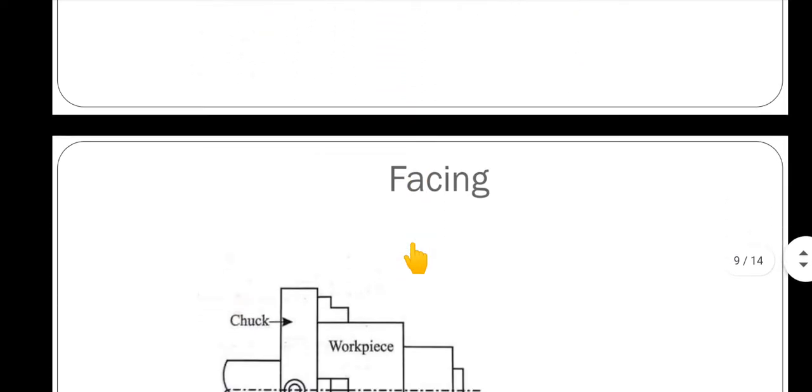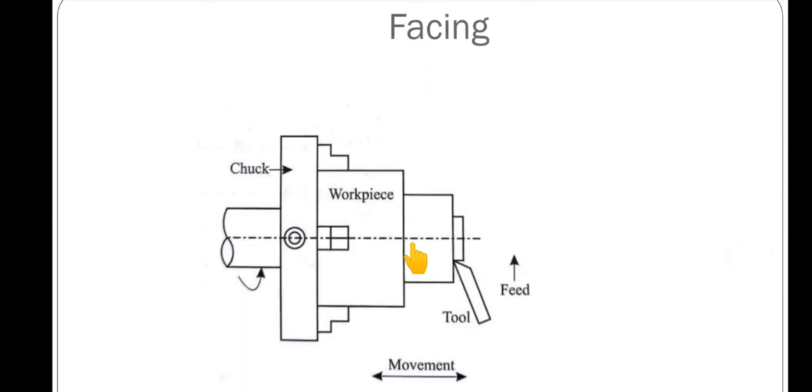Next operation is facing. Facing is the operation to produce a flat surface on one end of the workpiece. If we want a flat surface at one end of the workpiece, we can obtain it this way. Again, one end of the workpiece is fixed to this chuck, and the tool is fed perpendicular to the lathe axis.